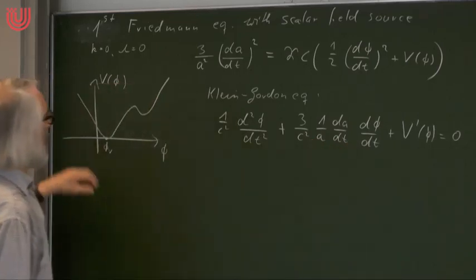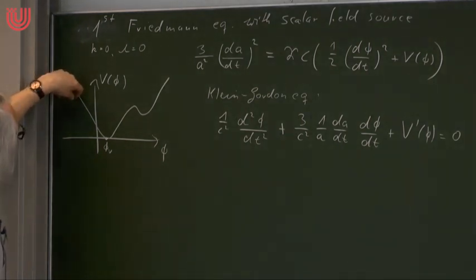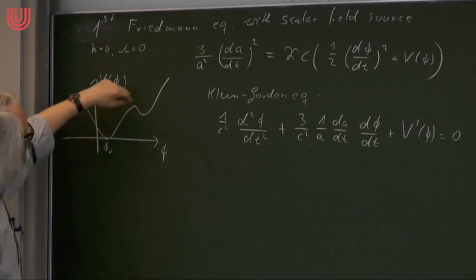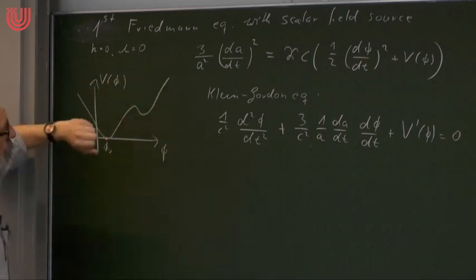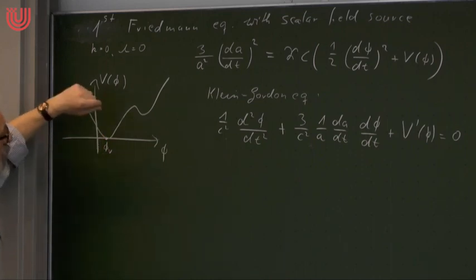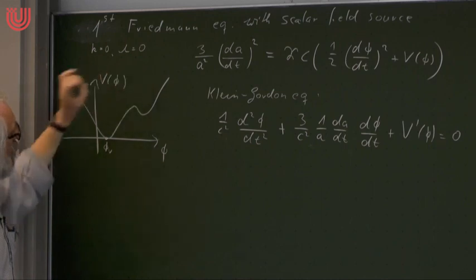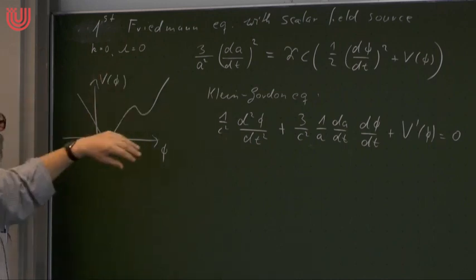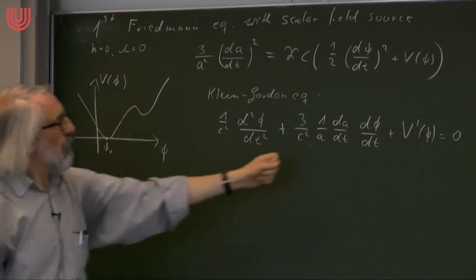So you may imagine your scalar field as, in particular, inflation theorists used to say that the field is rolling in this potential. It's a second order equation, so you may give initial conditions for phi and for the derivative. So you put it somewhere and you nudge it a little bit, and then it's moving in this potential with a damping term.